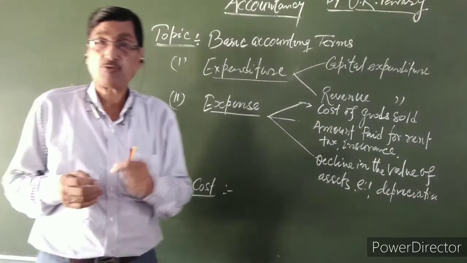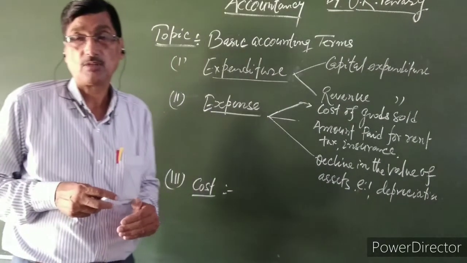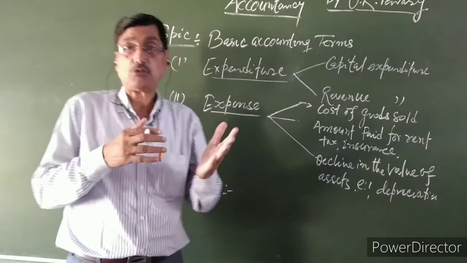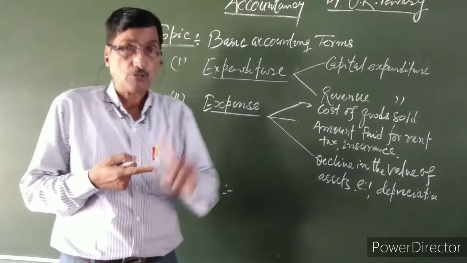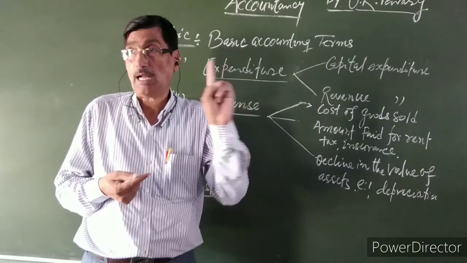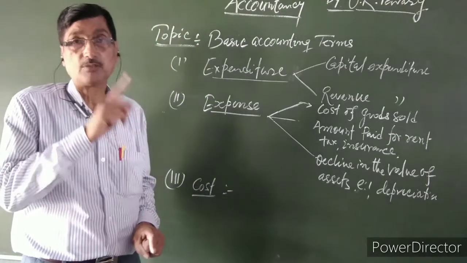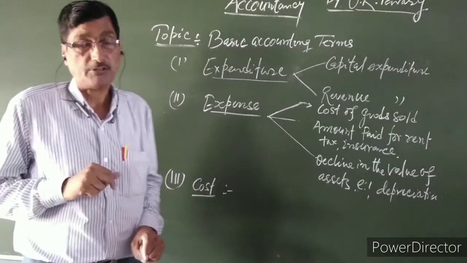Cost is further classified according to directness: direct cost and indirect cost. Direct cost may be defined as that cost which is directly attributed or allocated to the cost center, that means the manufacturing center.